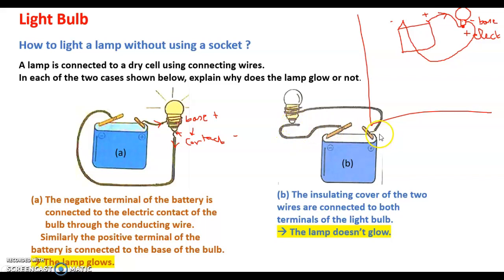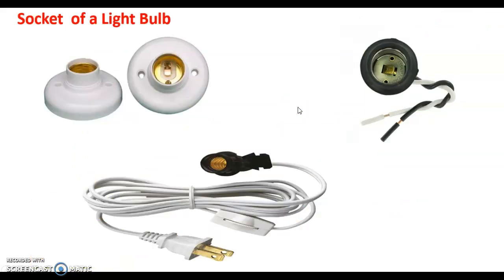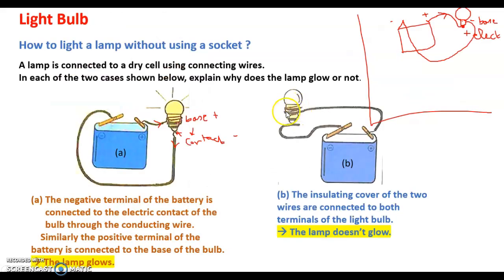And similarly, the wire connecting the positive terminal of the battery to the base of the light bulb is also insulated from the other side. So there is no direct contact between the terminals of the lamp and the wire connecting it to the battery. That's why no current could pass and the light bulb doesn't glow. So here the insulating covers of the two wires are connected to both terminals of the light bulb, and that's why the lamp doesn't glow.